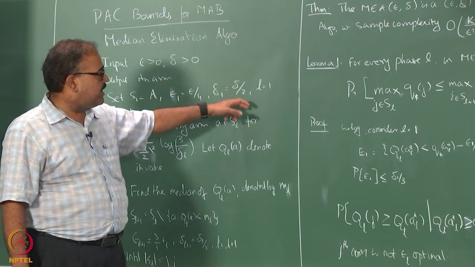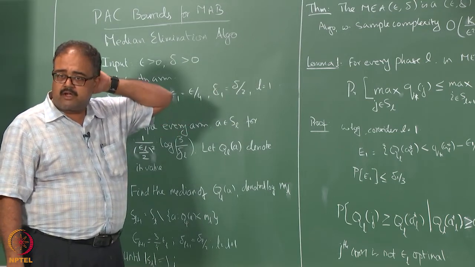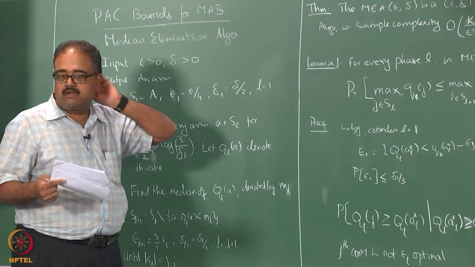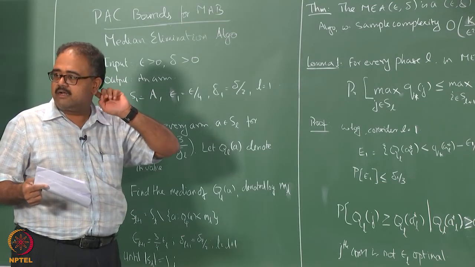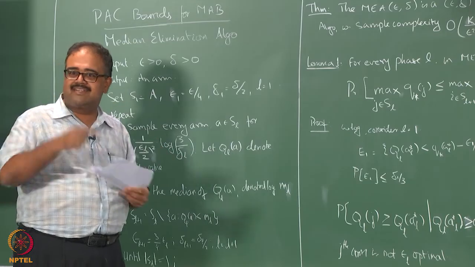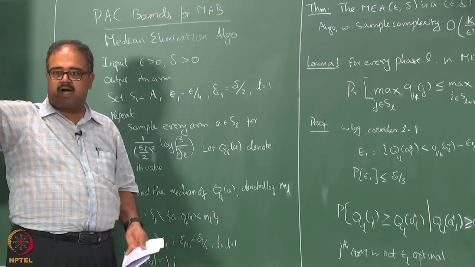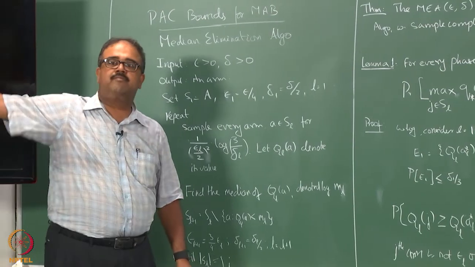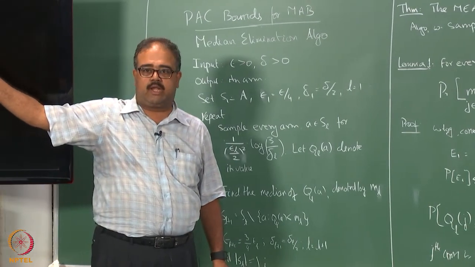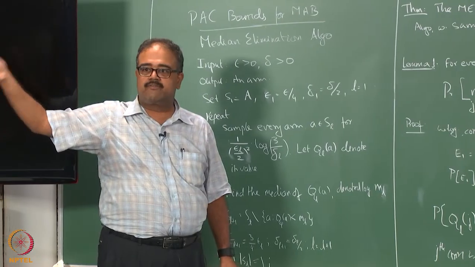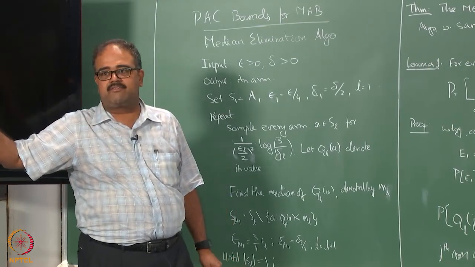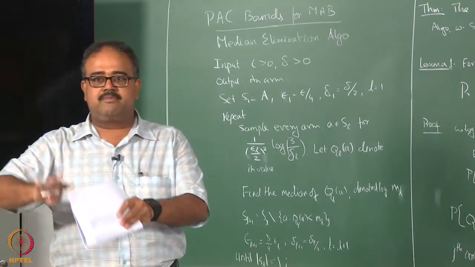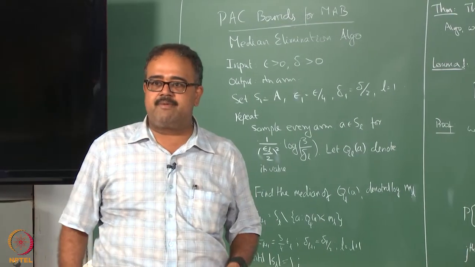So you will get delta by 2 power log k, okay, and the summation of that will go to delta, right. It is essentially delta into half plus 1/4 plus 1/8, right. If the sum runs to infinity you will get 1, but the sum is not running to infinity, it stops at some finite time, so it will be less than 1. So the summation will be less than delta, proved, right. So the total probability of something bad happening will be less than delta.